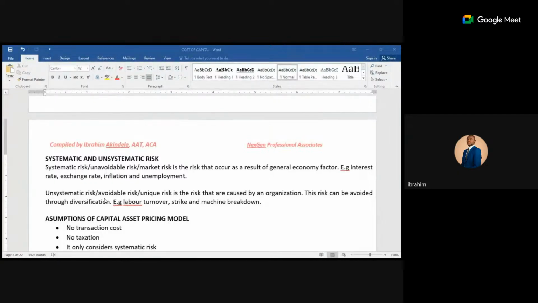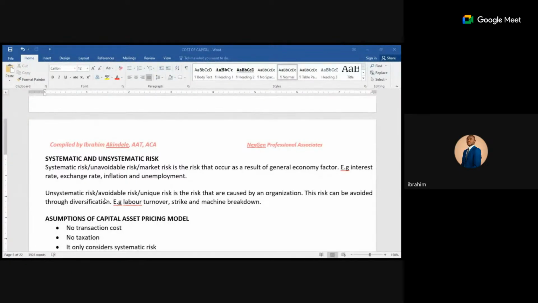We're just explaining practical. Go to the London Stock Exchange. Systematic risk is unavoidable risk, from general economic factors like inflation and exchange rates. It affects everybody. Why unsystematic risk? It is avoidable risk. You can avoid it, or unique risk.